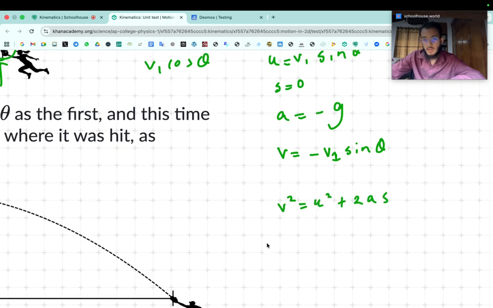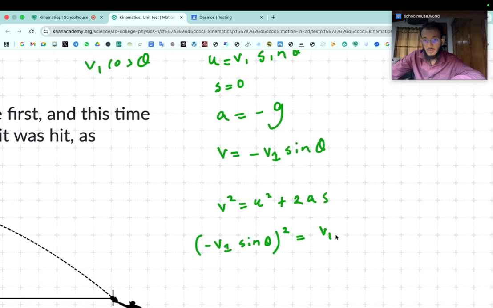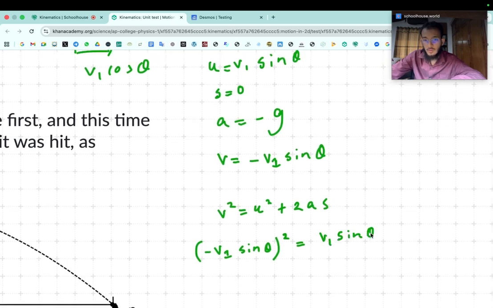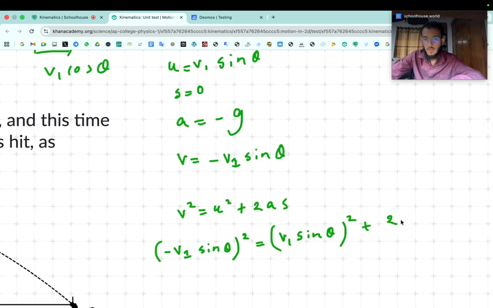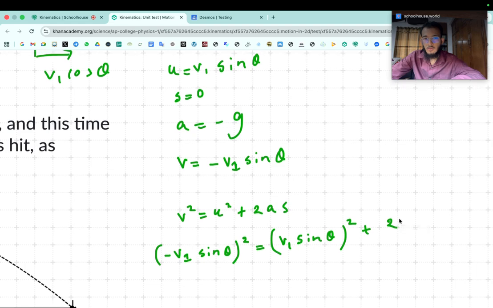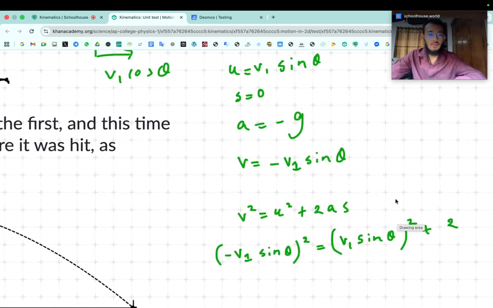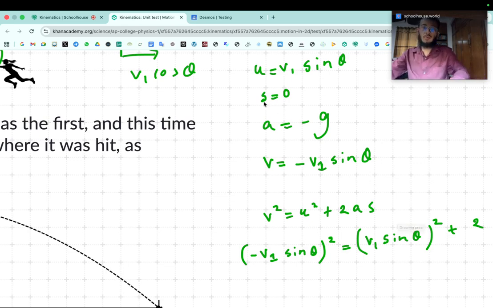So S equals 0, this is true, but we don't want to use S here. We know that we want to use time, t.